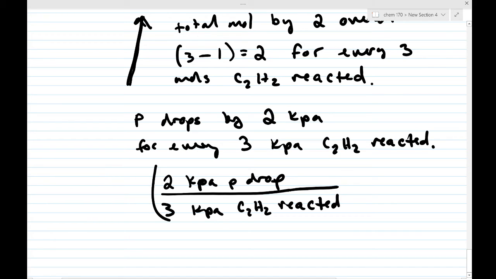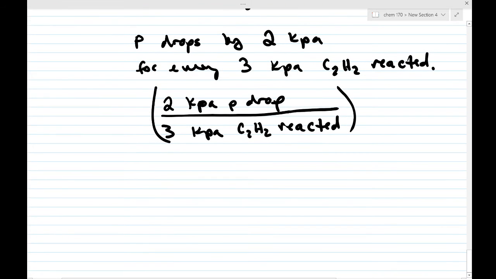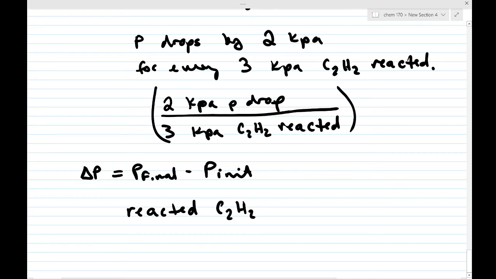Okay, so this is starting to look a little bit like a conversion factor. What do we know from the problem? Well, we know the pressure drop, the delta P of the problem. We can determine the amount of reacted C2H2 by multiplying this change in pressure by our conversion factor above.